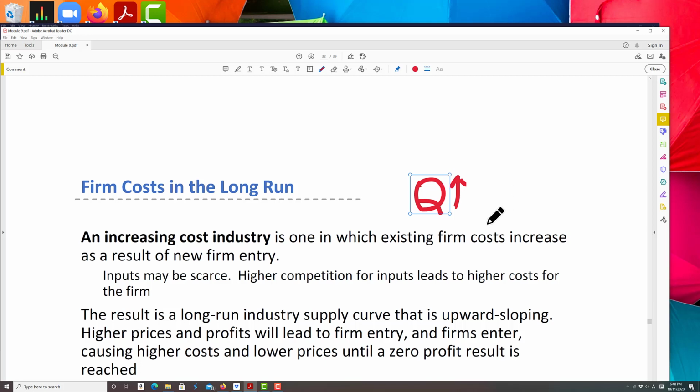Their prices go up, and as a result, as the industry expands, production cost rises. AC rises. So in this case, we observe an increasing cost industry. That is, the industry supply curve is positively sloped as output expands.